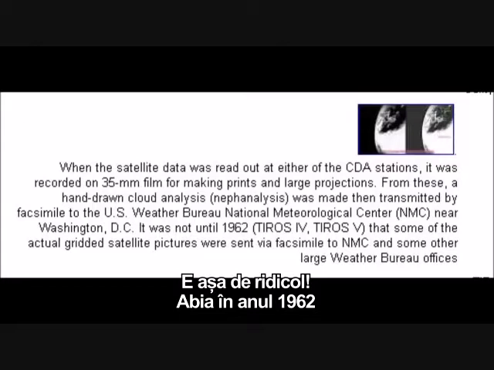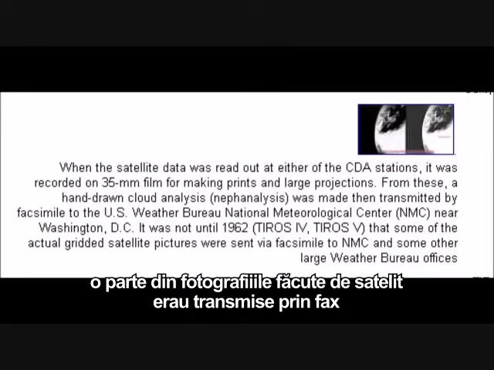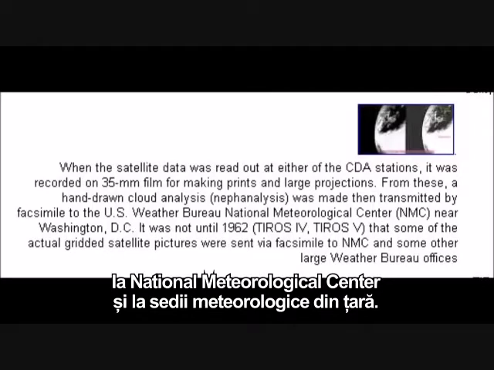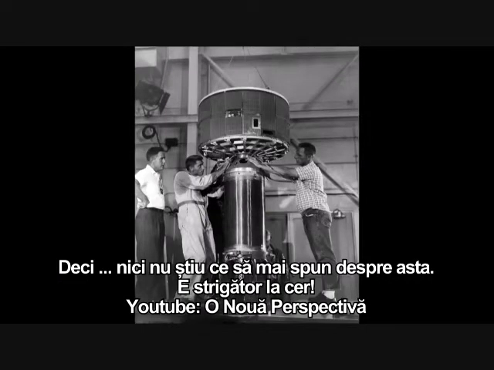It was not until 1962 that some of the actual gridded satellite pictures were sent via fax to the National Meteorological Center and some other large Weather Bureau offices. So, I don't even know what to think of this.